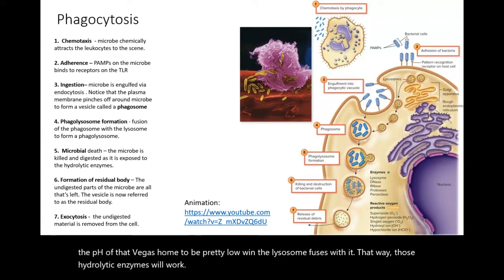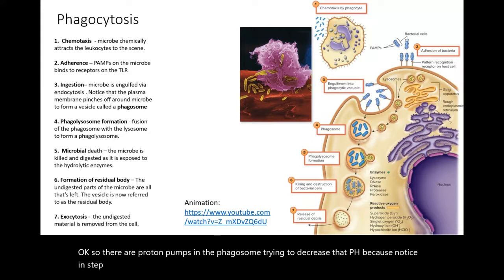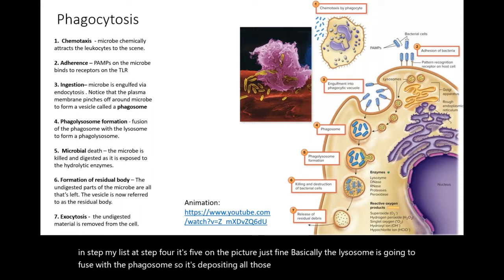Okay, so there are proton pumps in the phagosome trying to decrease that pH, because notice in step, well, my list is step 4, it's 5 on the picture, which is fine. Basically, the lysosome is going to fuse with the phagosome. So it's depositing all those hydrolytic enzymes into that vacuole, okay?